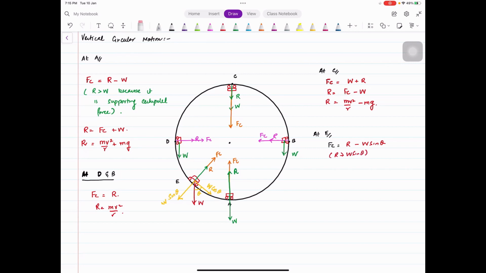And now to find R, we would write it as Fc plus W sine theta. Fc is mv squared over R, and it is mg sine theta, right? So this is how you will include sine in a case where it is at a certain angle. All right, is that clear, everyone? Yes, sir.